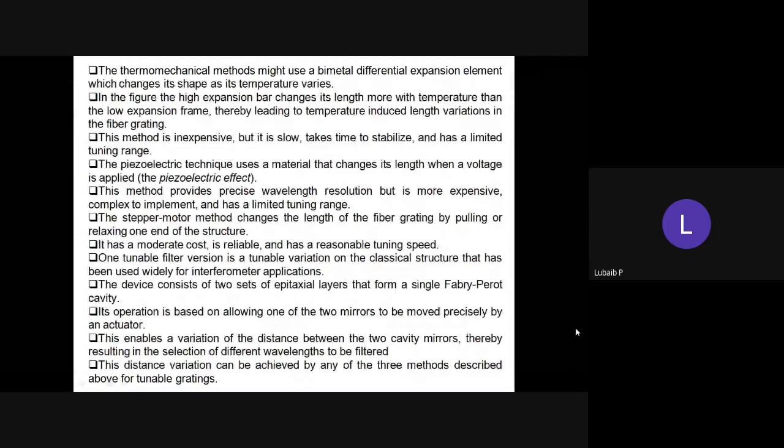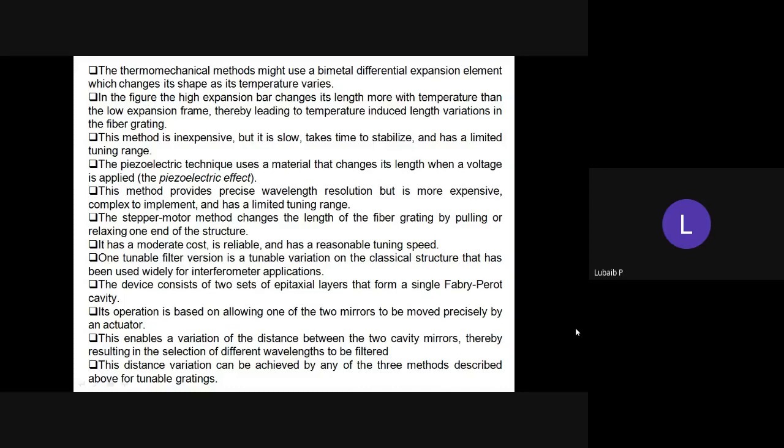One tunable filter version is a tunable variation on the classical structure that has been used widely for interferometer applications. The device consists of two sets of epitaxial layers that form a single Fabry-Perot cavity. Its operation is based on allowing one of the two mirrors to be moved precisely by an actuator.